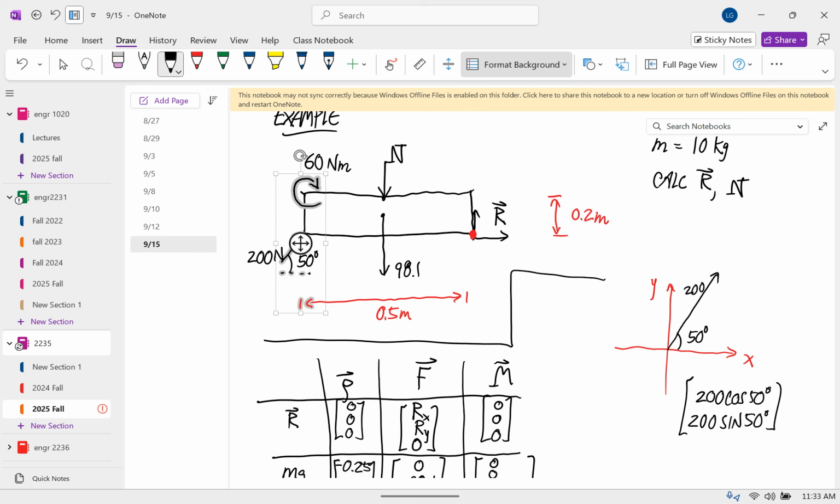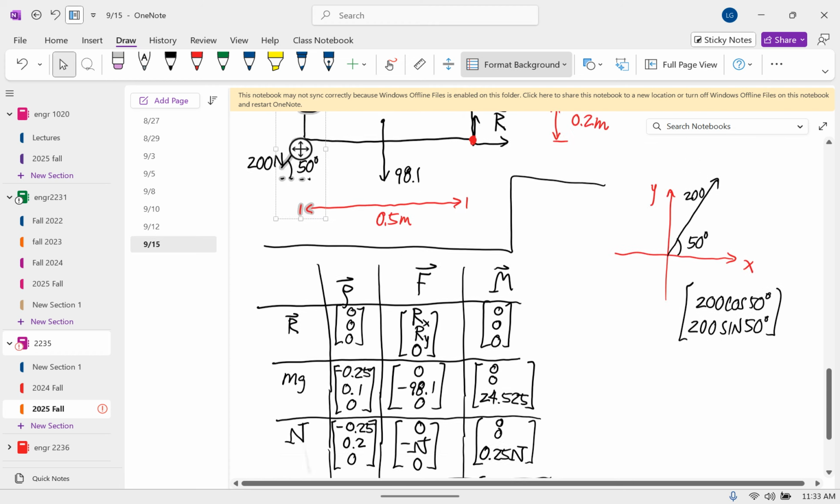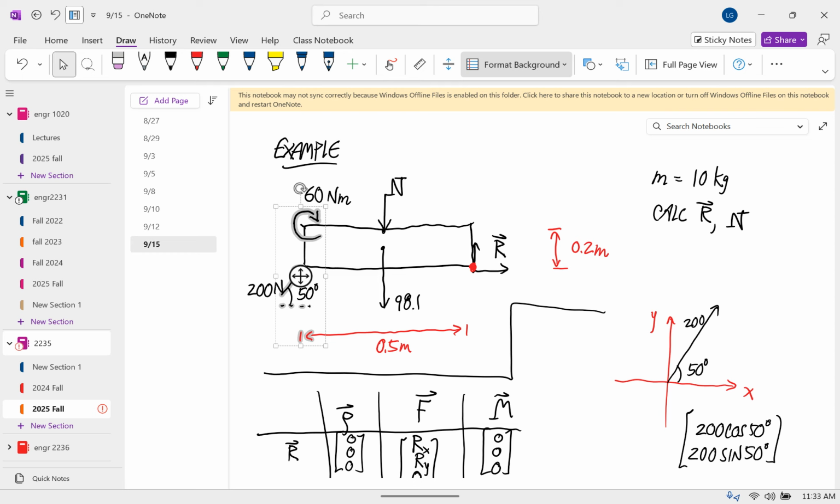Yes? I was just wondering, does consistency matter with it being negative z? Yes, it does matter, and the reason it matters is that this math only works in a right-handed coordinate system, and a right-handed coordinate system requires that the x-axis crossed with the y-axis gives you the z-axis.